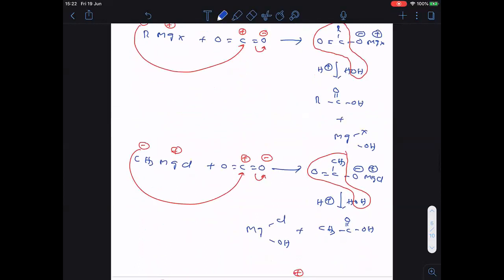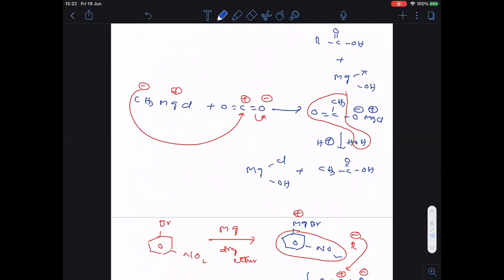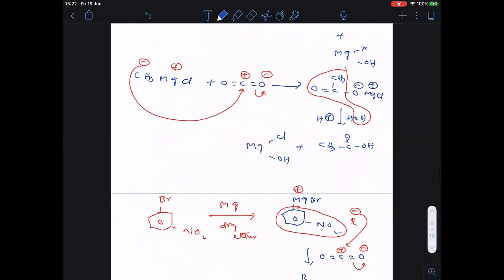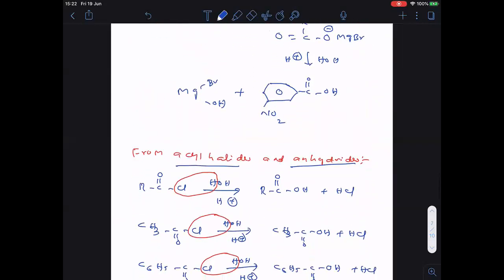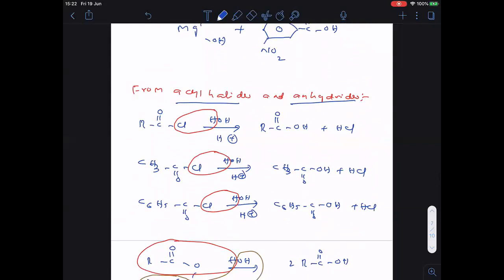Then here are some examples. Then this is from acyl halides and anhydrides.